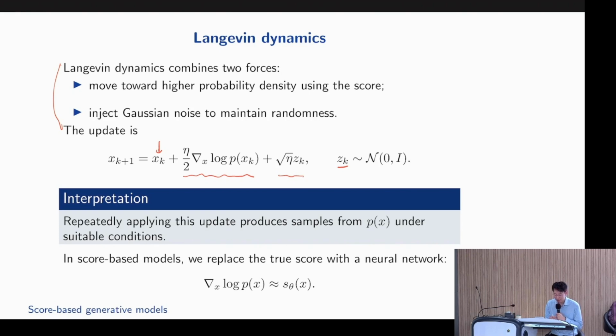So this looks nice, but the problem is, in practice, we don't have access to this function. We don't know what this is. So in score-based models, you want to replace the true score with a neural network. So the neural network takes as input x and tries to estimate the score at x.